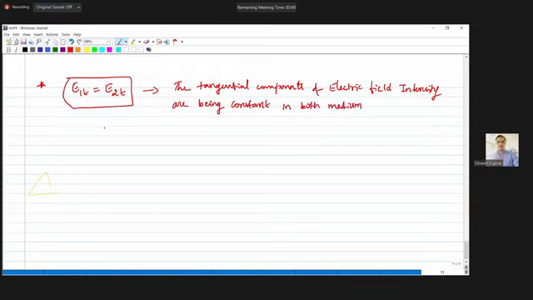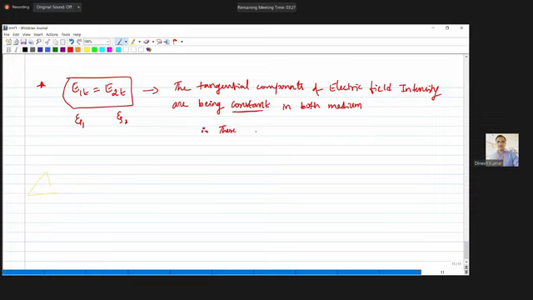Whatever the value of the tangential component present in the epsilon 1 medium, it is also the same in epsilon 2. You are making them equal, so E1t is equal to E2t. Therefore, the tangential components are maintaining what? They are being constant.